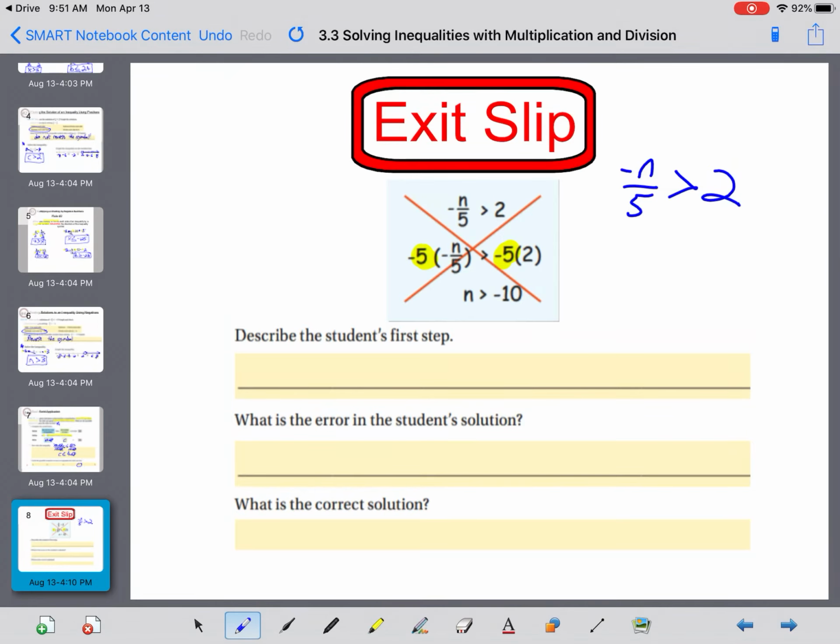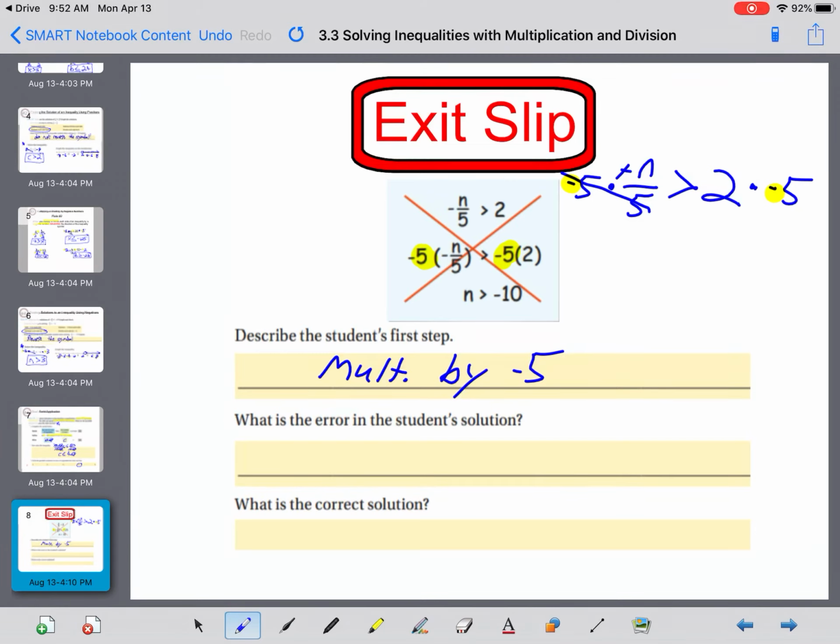And that would seem to be correct. -n over 5, we're going to multiply by -5 on both sides. My -5s and the negative up top will cancel. But we multiplied by a negative number. Keep that in mind. The student's first step was to multiply by -5.